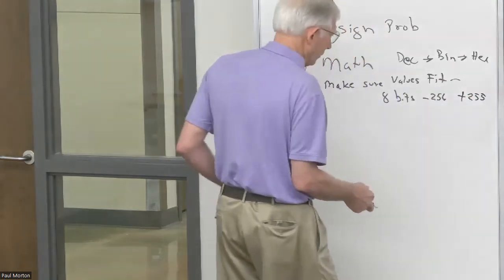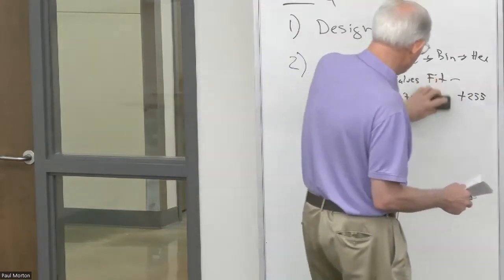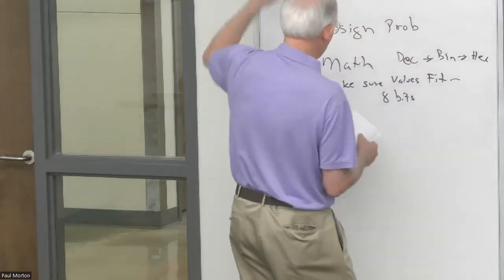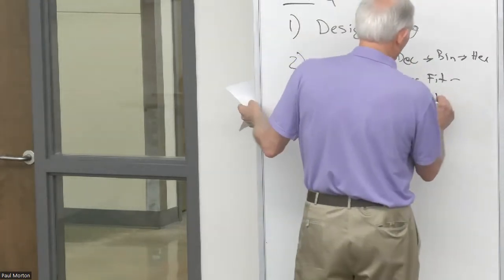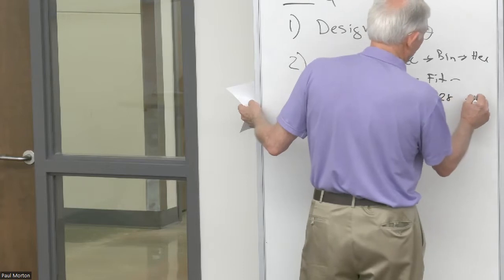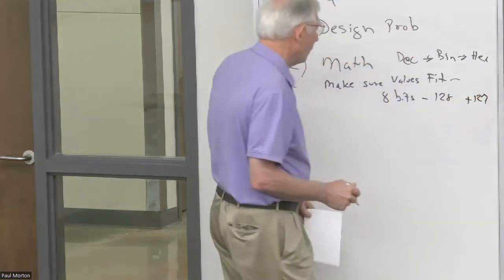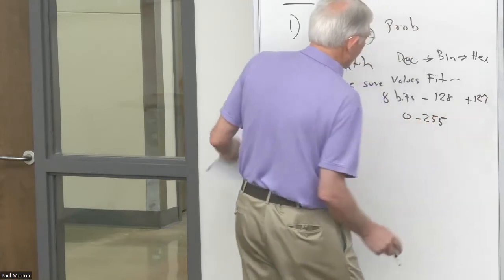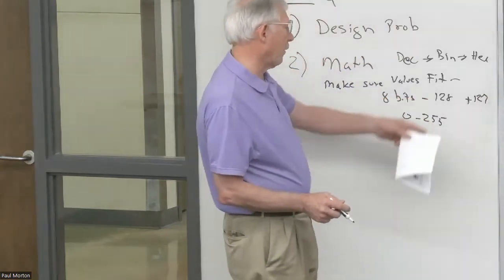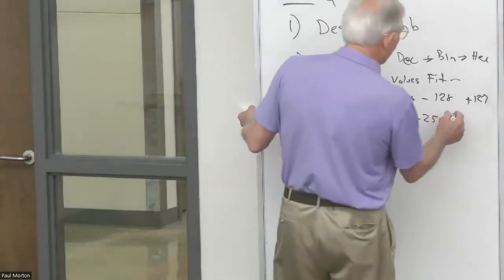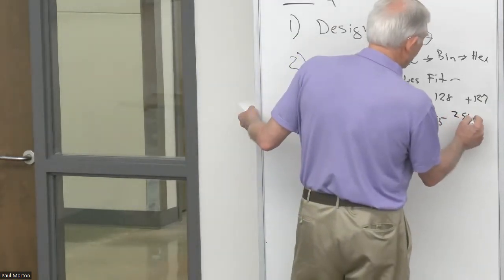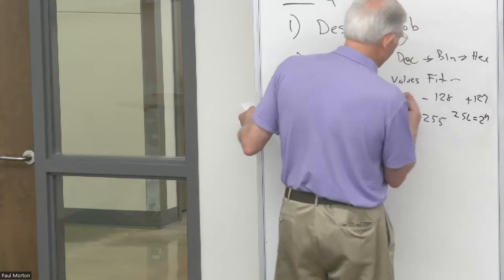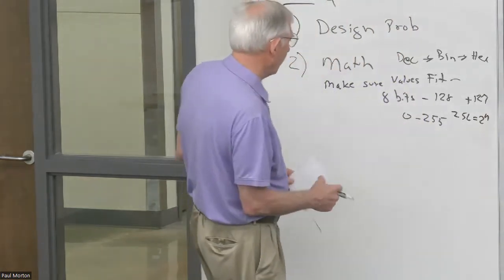No, that's wrong. We can go from minus 128 to plus 127. Because in 8 bits, we can go from 0 to 255, right? So we have 256 things, and we divide them in half. 256 equals 2 to the n, where n in this case would be 8 bits, so 2 to the 8.